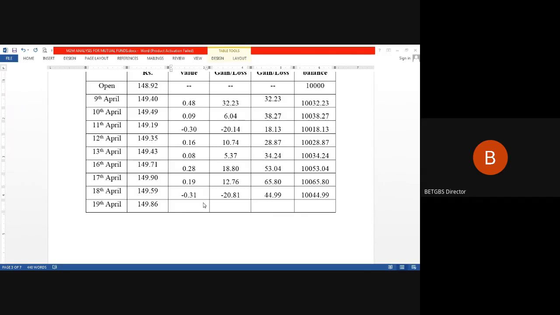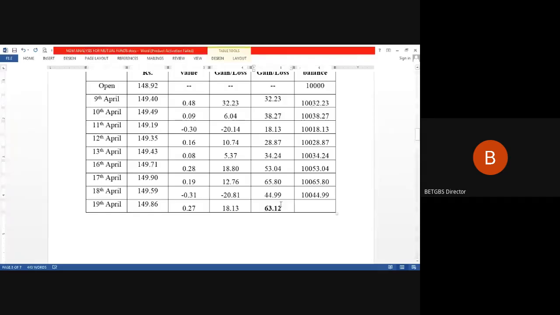149.86 minus 149.59, so the gain of 27 paise multiplied by 67.15. So it is 18.13. So cumulatively, if you add 44.99 plus 18.13, it is 63.12.